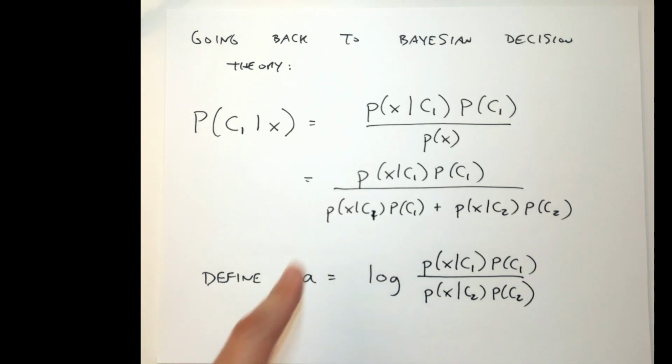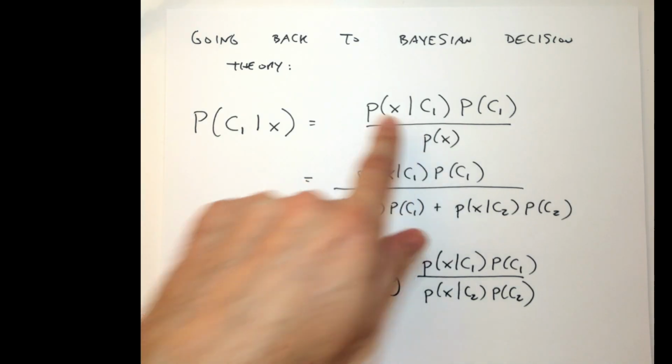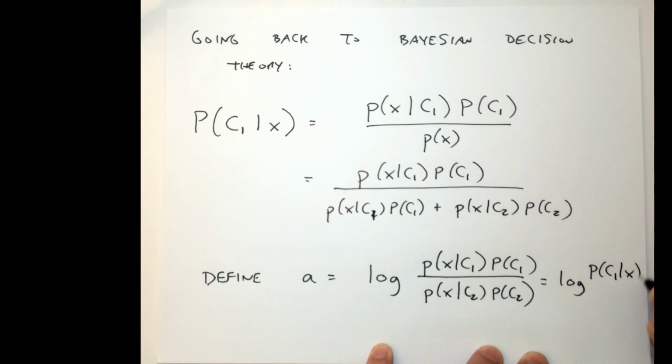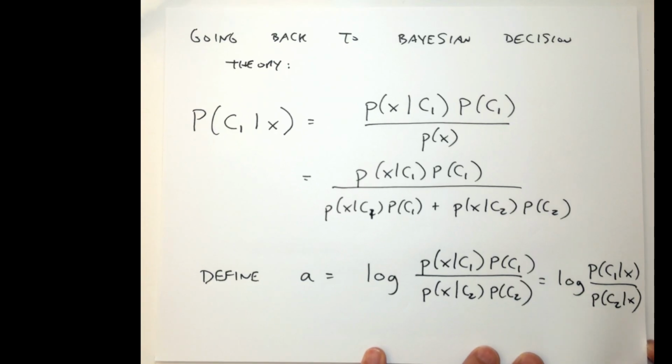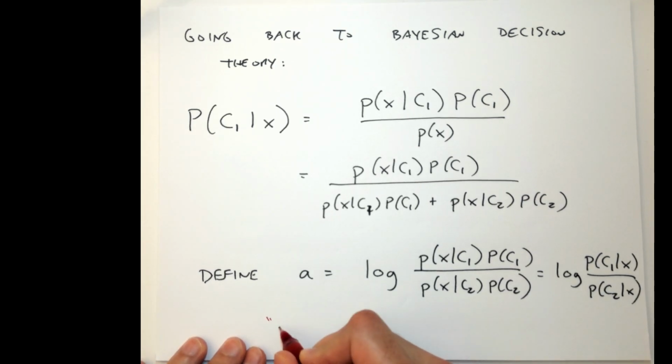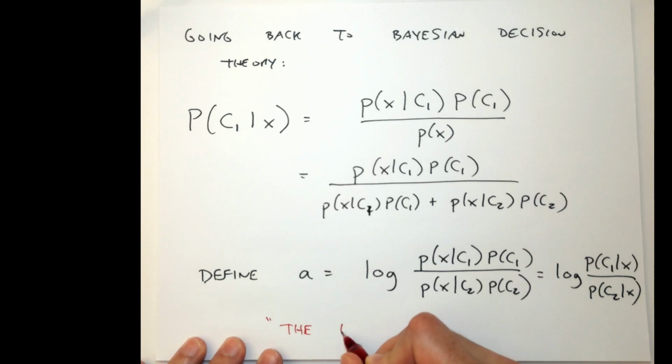And actually, you can see that this ratio fundamentally is also the ratio of the posteriors. So this number is called the log odds sometimes.